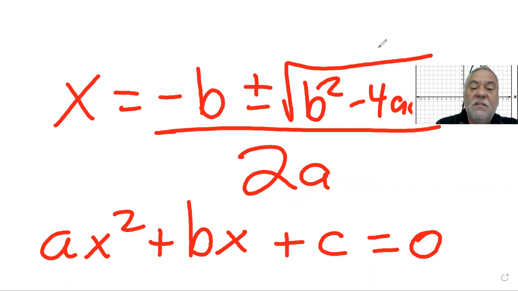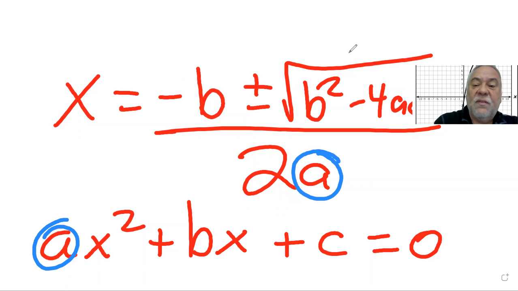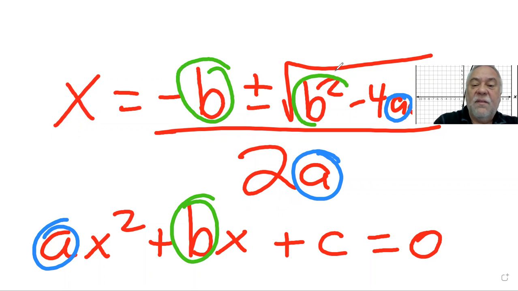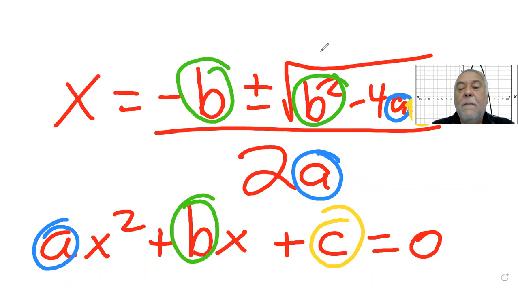But there's your a, b, and c that fall into these places. A goes right there, and right there. B goes right there and right there. And of course the C is right there.